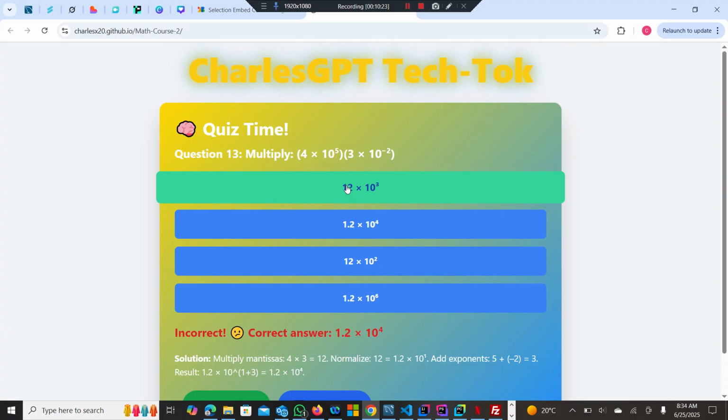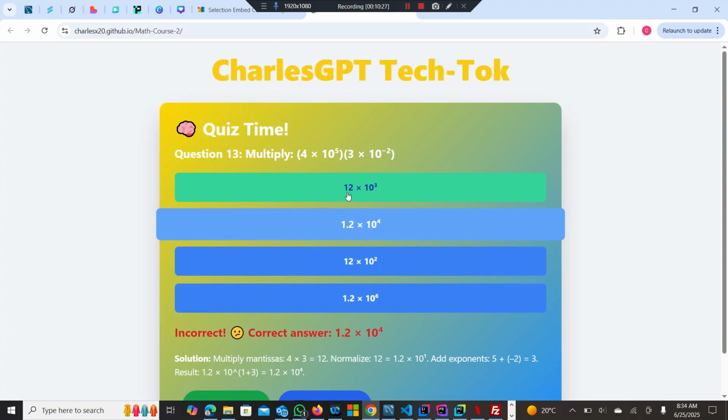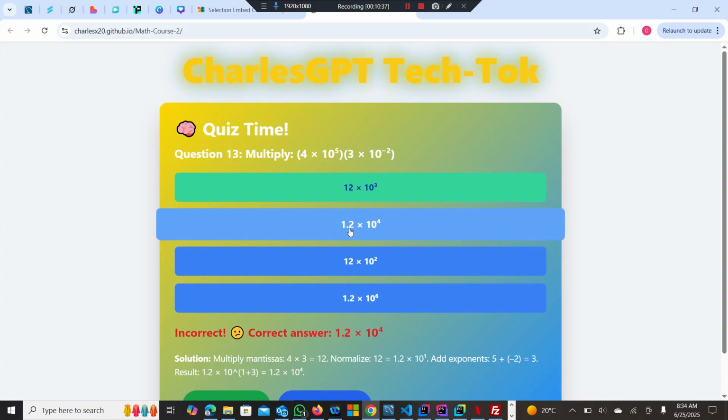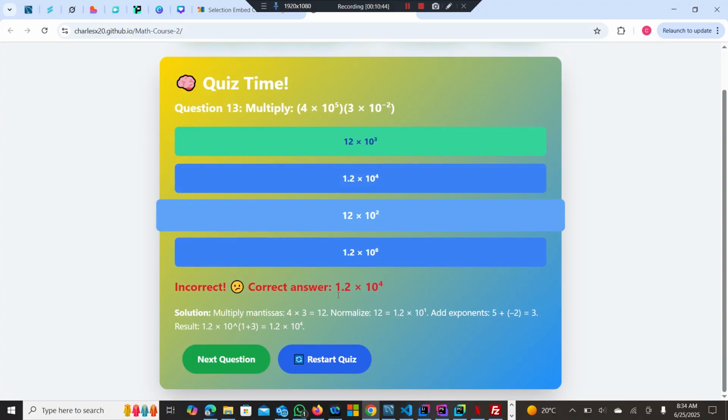Okay, mantissas. That's what we said about mantissa. Mantissa has to be greater than or equal to 1 and less than 10. So it's between 1 and 9. So it cannot be 12. It will be 1.2 times 10 raised to power 4. So you see the solution here.